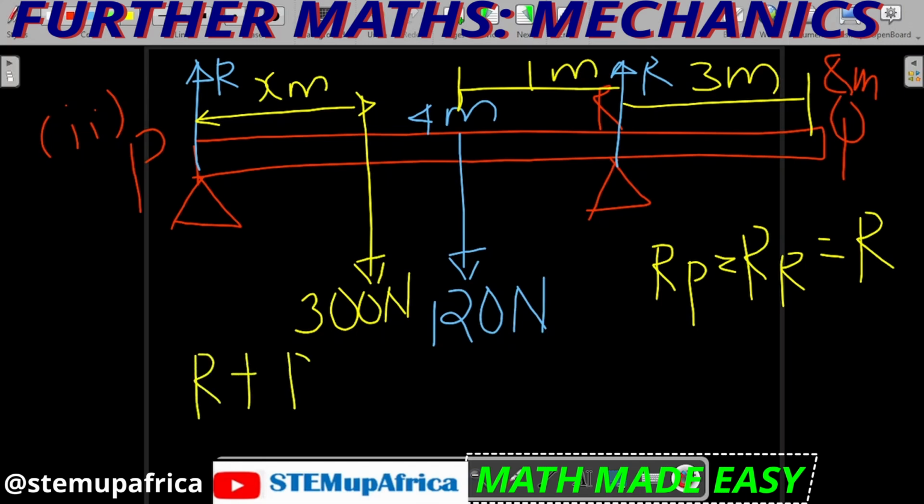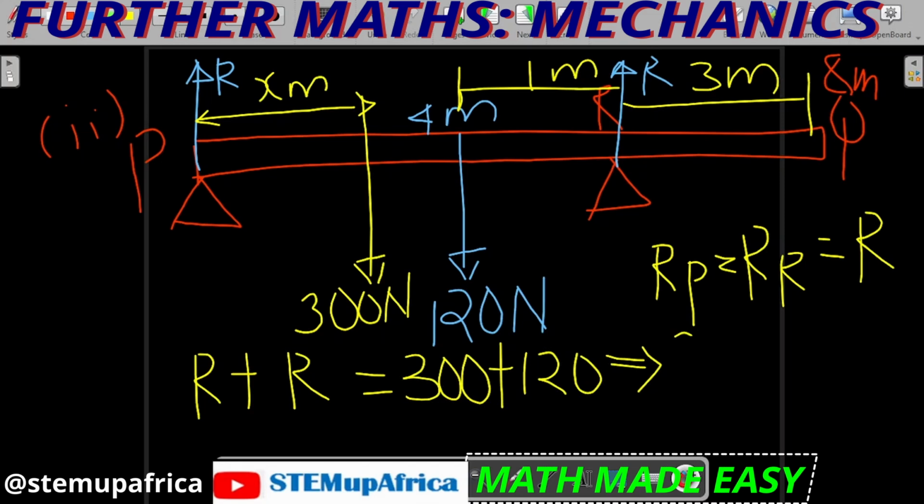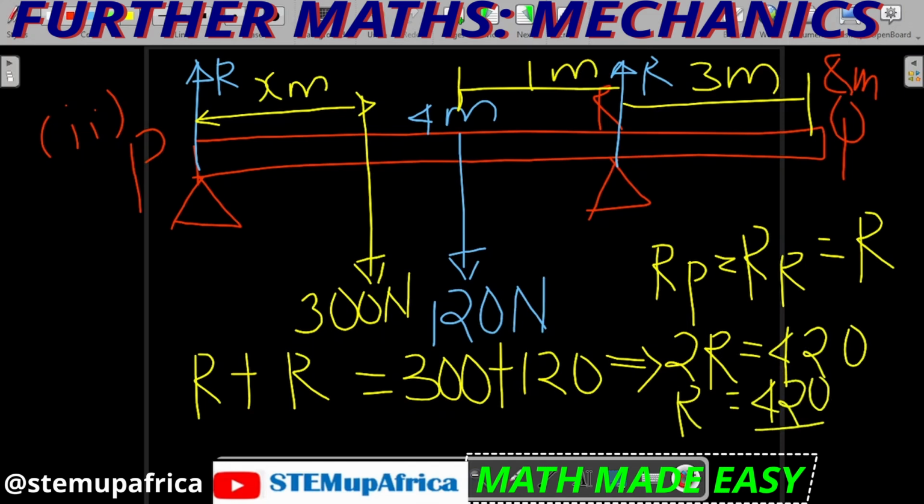R plus R. What are the downward forces? 300 plus 120. So this implies 2R is equals to 420. So my R is simply 420 divided by 2. That will give us 210 Newton. So each of the reactions is now 210.